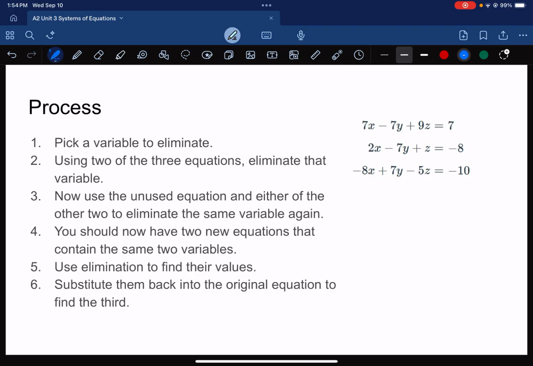One equation gets used twice, all right, and the other 2 equations get used once, but you're always eliminating the same variable. So what you're creating is 2 new equations that contain the same 2 variables. So if we eliminate the y's twice, we're going to have 2 equations that have x and z. And then I just use elimination method like we know how to do for a 2 variable system, okay? And then you substitute values back into the original equation to find your different variables, okay?